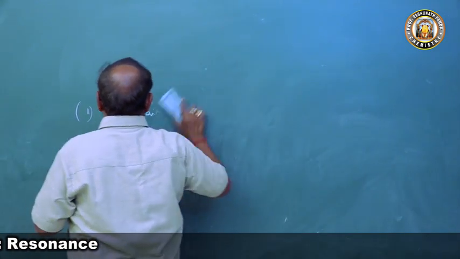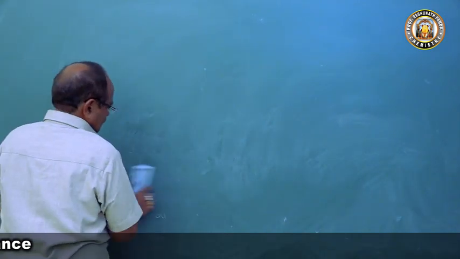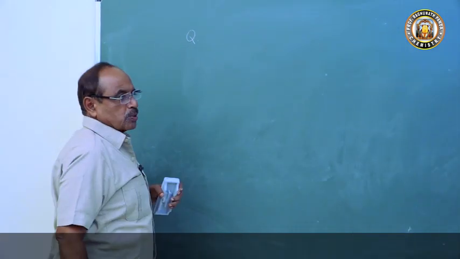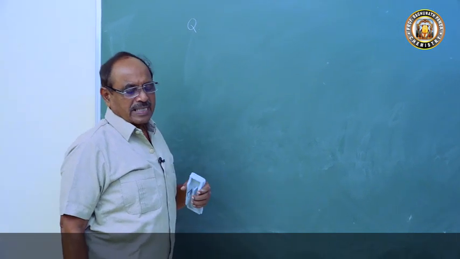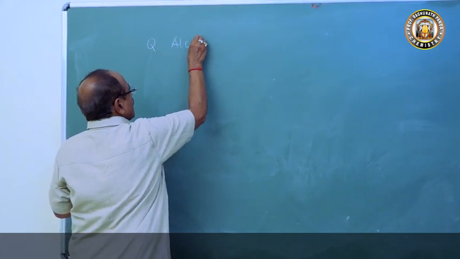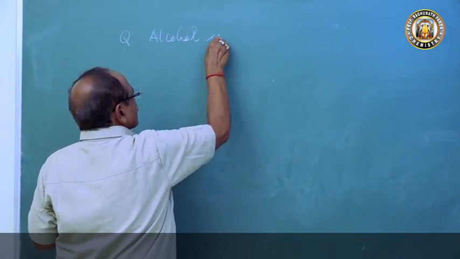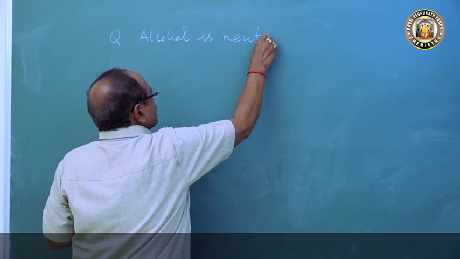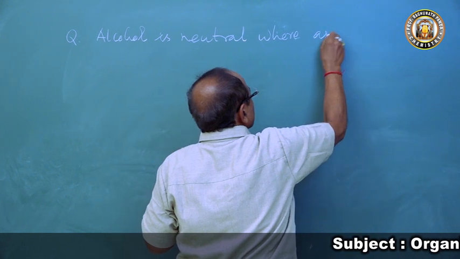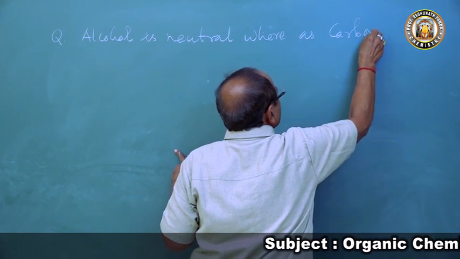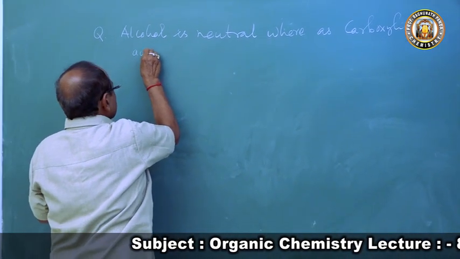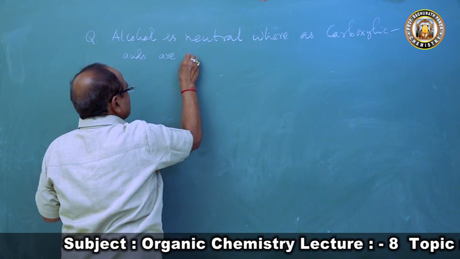Alcohols are neutral whereas carboxylic acids are acidic. This is a question that often comes to a plus 2 student in the board exam.